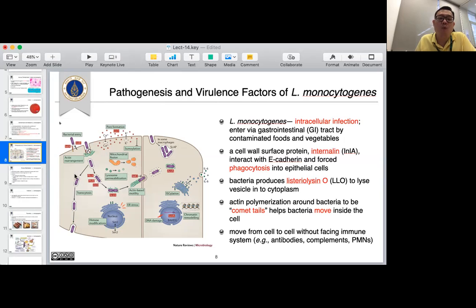Bacteria can move from one cell to another, nearby cells, by penetrating and forming a double layer membrane. The double layer membrane goes inside another cell. With this technique, bacteria never meet the immune response, immune cells, okay?